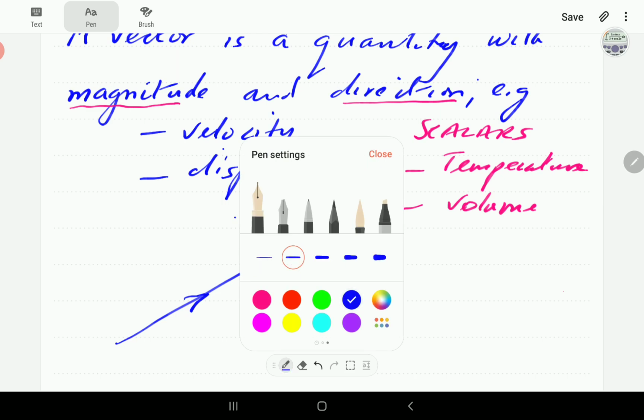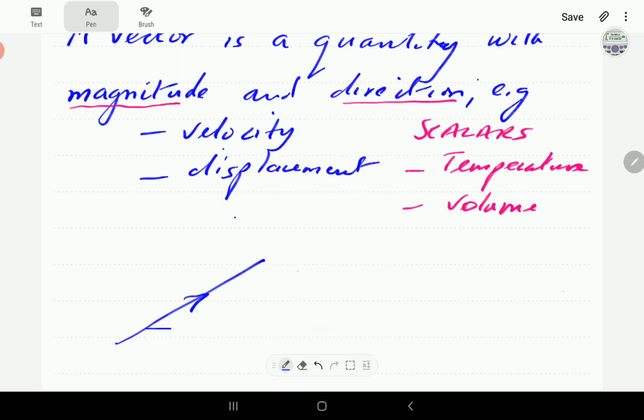Graphically, we denote vectors as directed lines like this one. For starters, we're going to be looking at vectors that are straight lines in nature. But later, we're going to look at vectors that may not necessarily be straight lines.